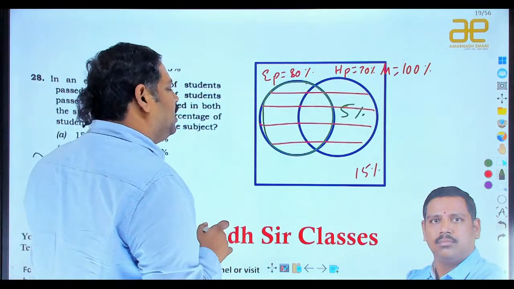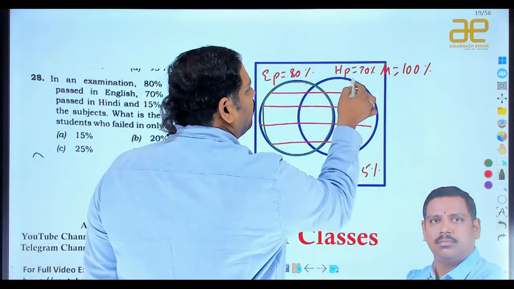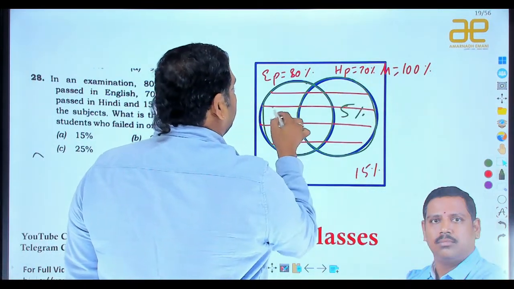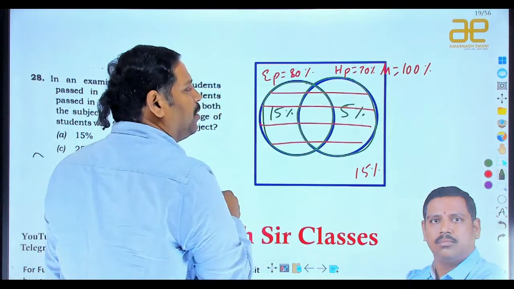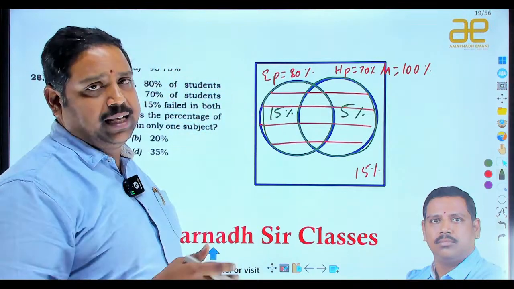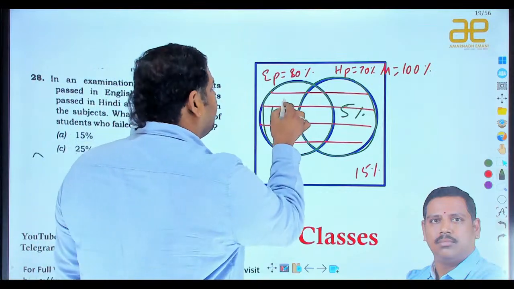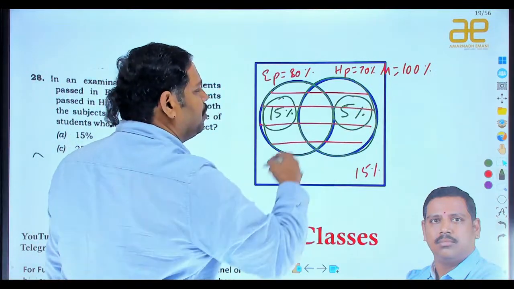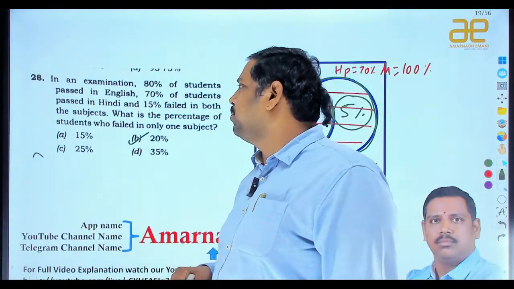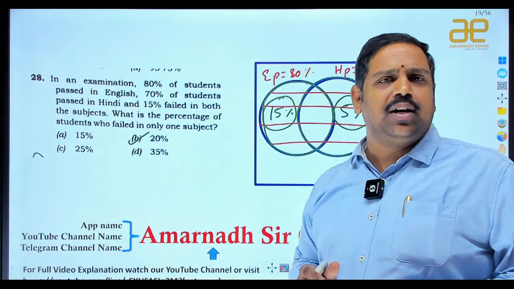And these 3 together 85, and I know that this is 70, means this is how much? 15%, right? These are the people who passed only English, nothing but who failed only Hindi. You want only one subject failed, means these 2 only. So 15 plus 5 is how much? 20%. So which option is the answer? B is the answer. If you have good knowledge about it, it's a simple question.